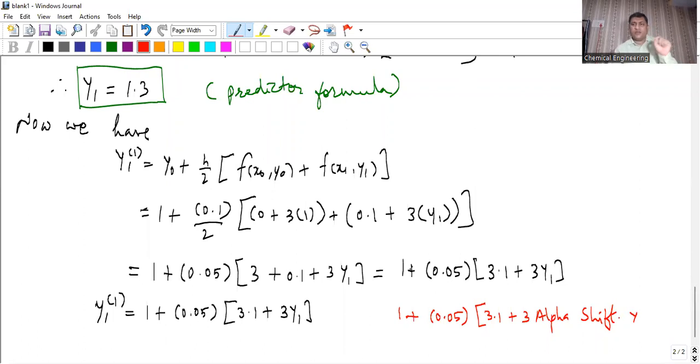You can press the simple fraction and decimal fraction conversion button after shift, so you can get this y. So your calculator display will display this equation as 1 plus 0.05 times 3.1 plus 3y. Once you get this equation, then we can calculate further. So please get this equation on your calculator.